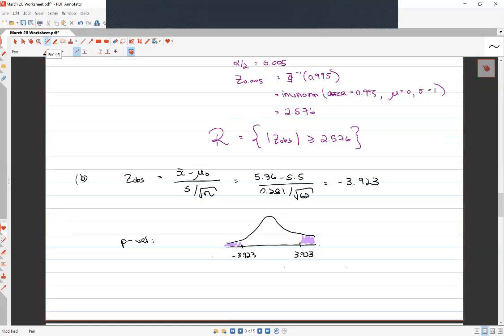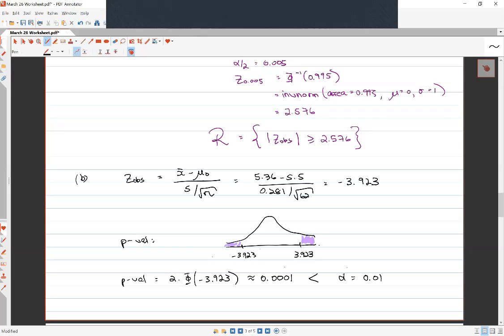Again, that's as easy as saying we're going to take 2 times the normal CDF at the negative of the absolute value of z observed, which in this case ends up being the same value. So if you do this on your calculator, what you will find is that this is roughly 0.0001.